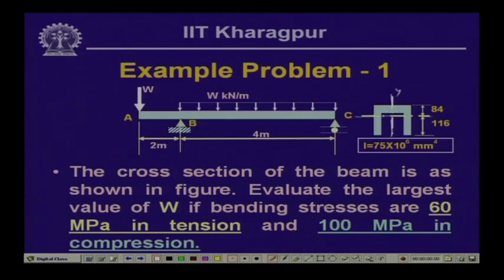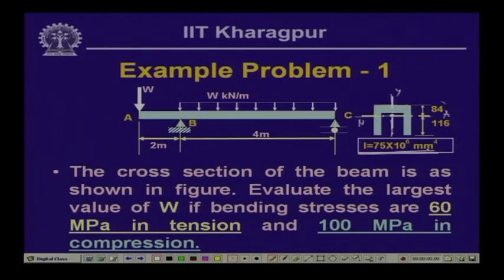Hence, first we will have to locate the position of the centroid of this section, so that we can find the position of the neutral axis and consequently the moment of inertia I. Fortunately, in this problem these values are given: the centroid is 84 millimeter from the top of the cross section, and the moment of inertia about the neutral axis is given as 75 into 10 to the power 6 millimeter to the power 4.